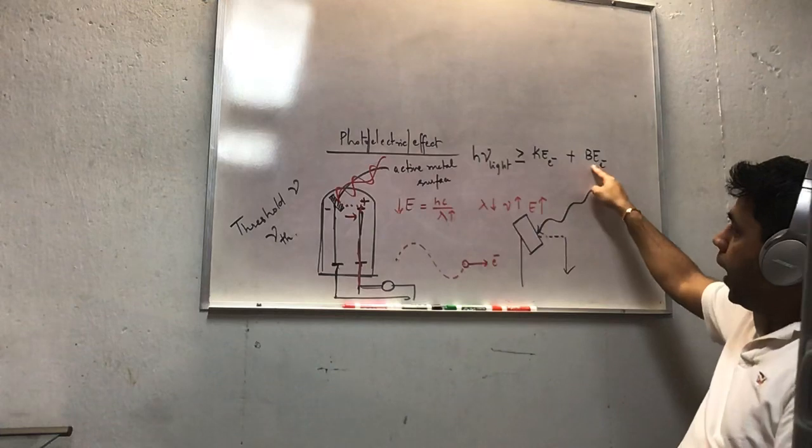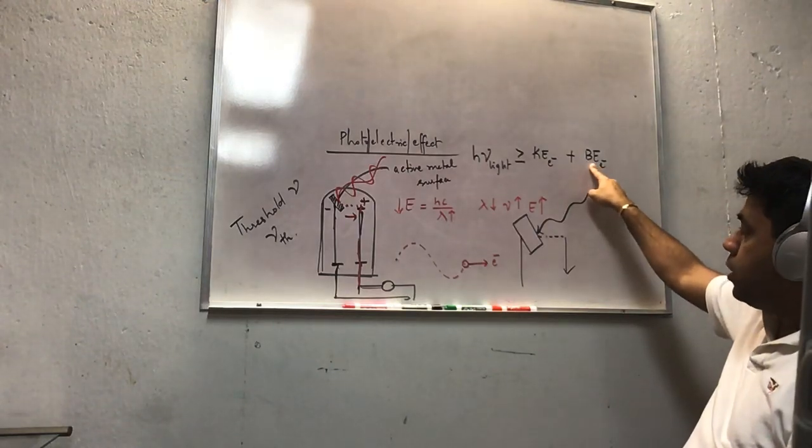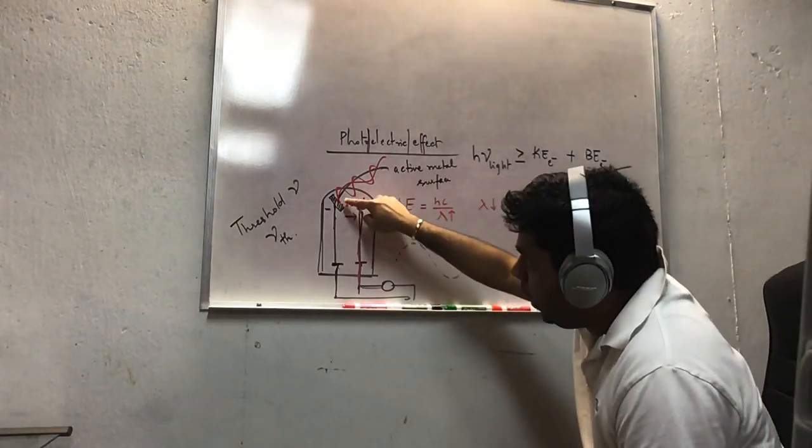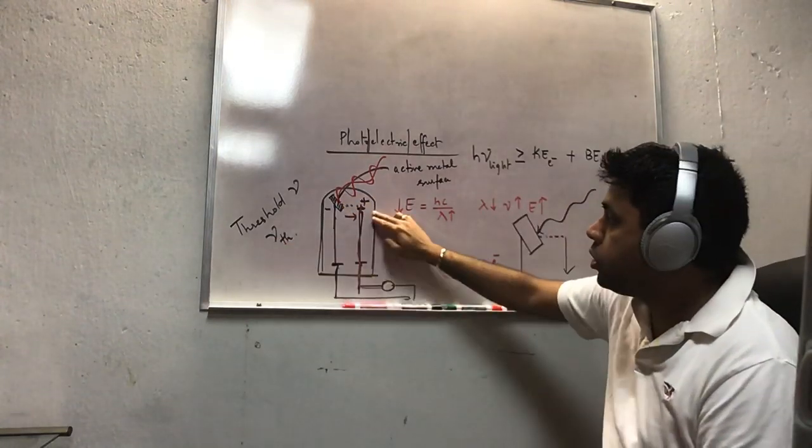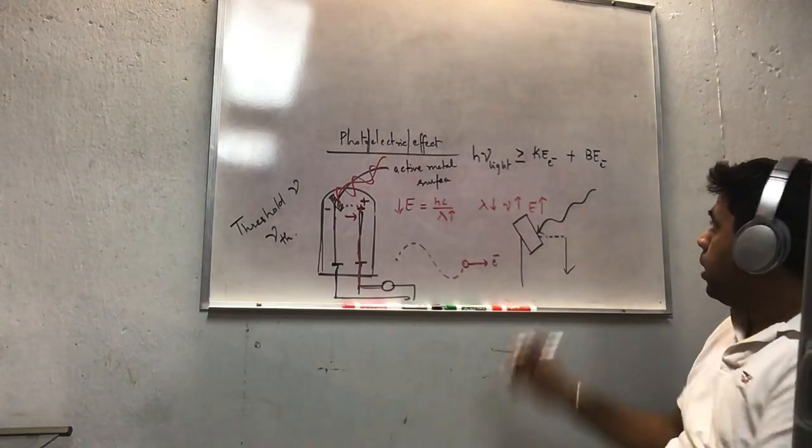What it means is, I need to provide energy first to break the bond between the electron and the metal surface, and then speed it towards the positive electrode.